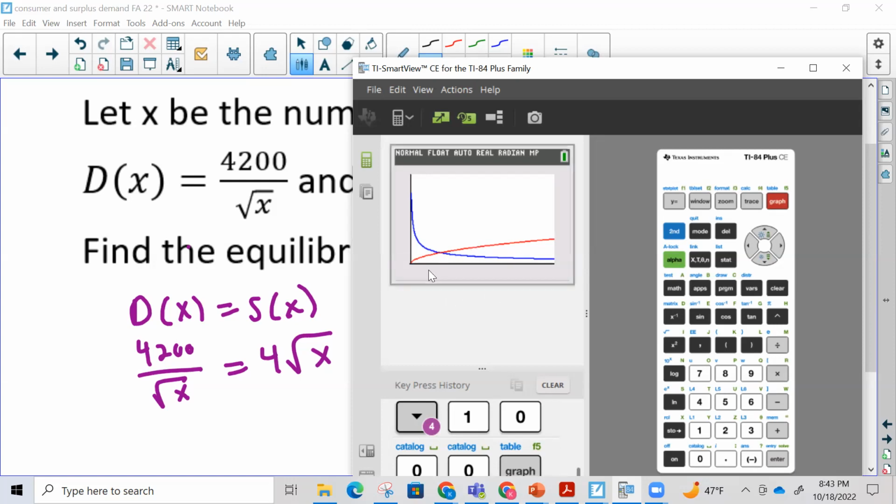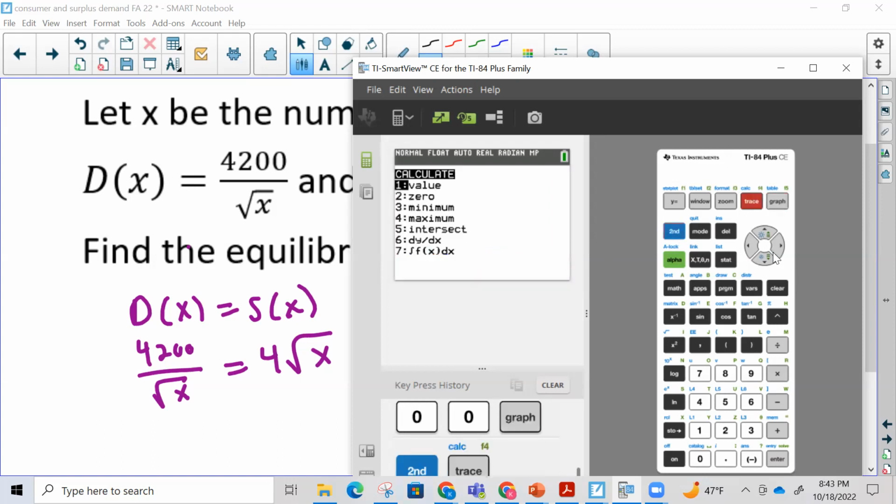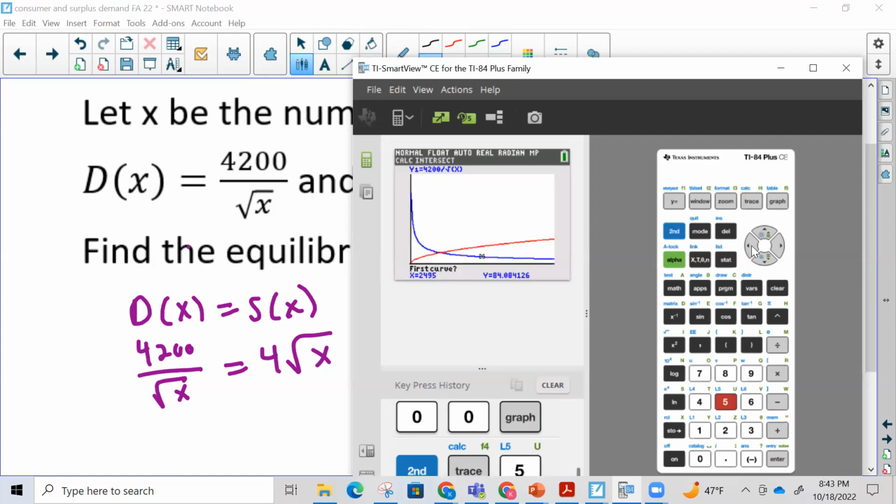So if you're doing it graphically, you can sketch the two curves and then again, go to second calc, number 5 intersect, move your cursor over to where they intersect or close to where they intersect. You don't have to be right on it. And then hit enter until you see that intersection, which is 3 times.